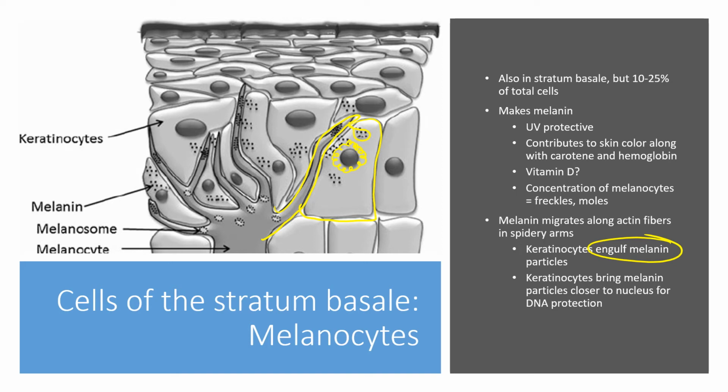So while the melanocyte is splayed out with all of those melanin-filled dendrites, it's helping protect the keratinocytes by effectively surrounding them. And the keratinocytes can pull that melanin in and wrap it around its own nucleus to best protect itself. It's sort of a dual function or a dual protective mechanism.